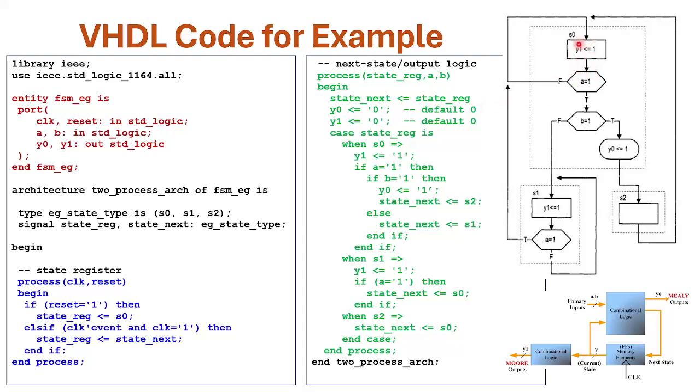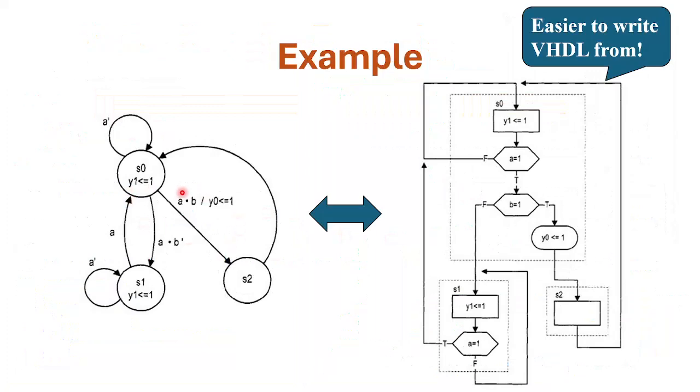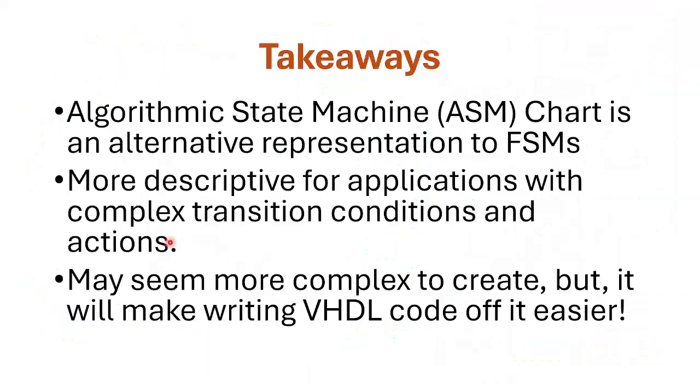So it's very easy to just take this and write off the VHDL code, like so, as you can see. Imagine writing this off that finite state machine state graph that we had over here. It would be a little bit, it is doable, of course, but it is more prone to errors. That is the main takeaway.